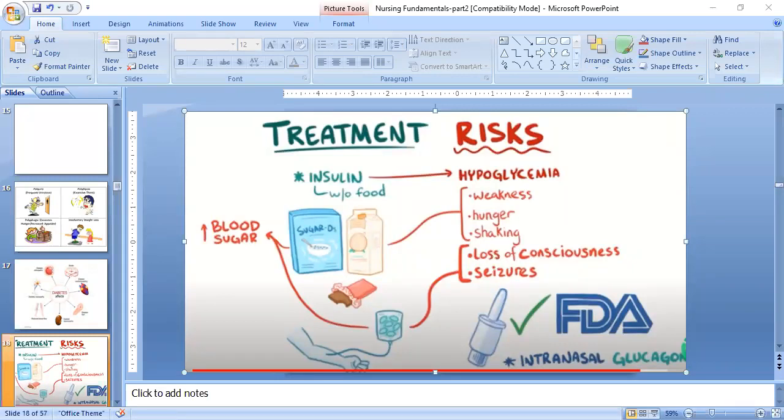I want to recap it: when mixing two insulins, draw up the clear or short-acting insulin first, then withdraw the cloudy insulin or long-acting insulin, and never mix the long-acting insulin like insulin glargine with any other insulin.